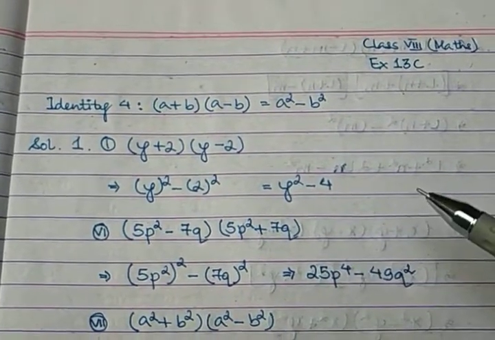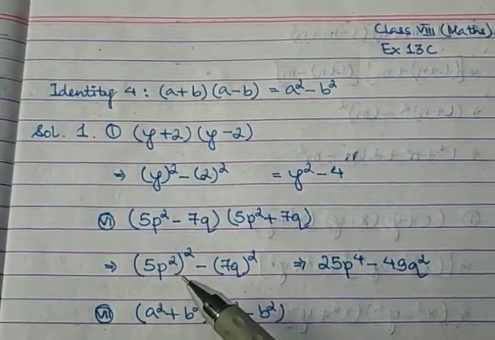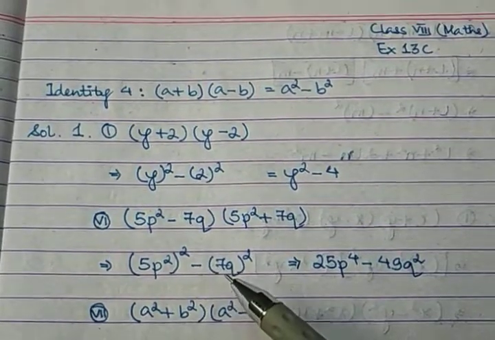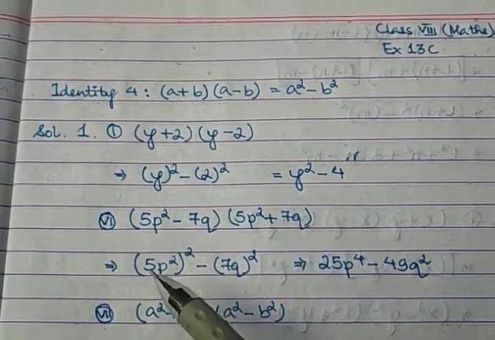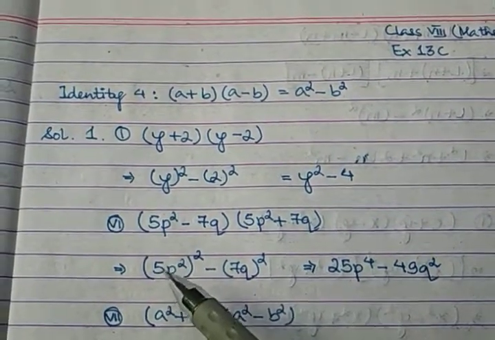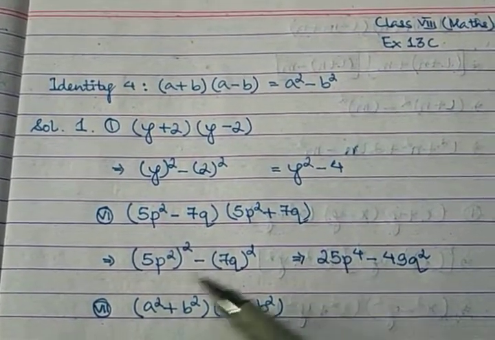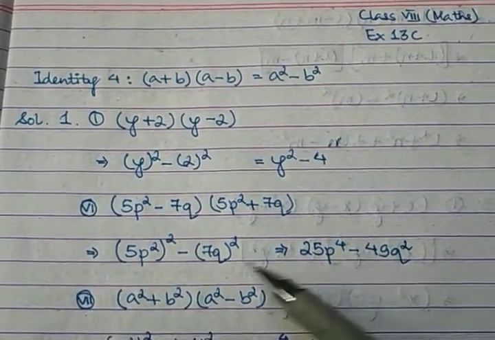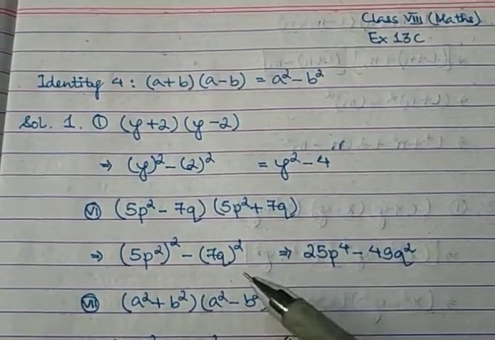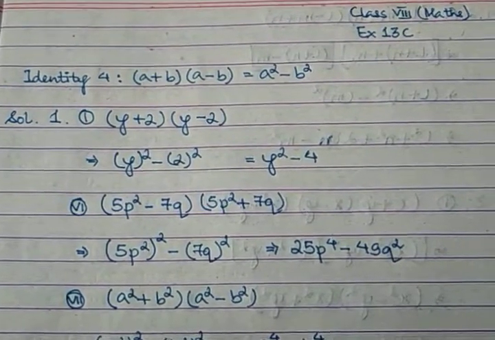So (5p square) whole square minus (7q) whole square. 5 square is 25, and p square whole square is p to the power 4. Minus 7 square is 49, q square. See, we are done here.